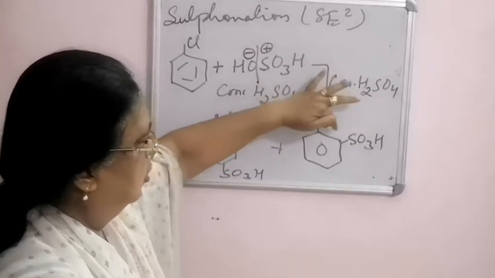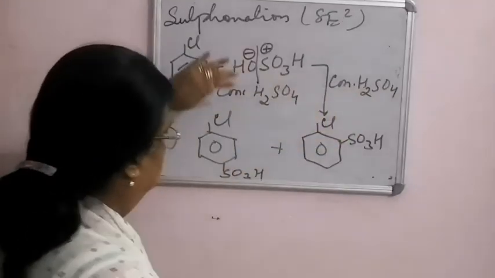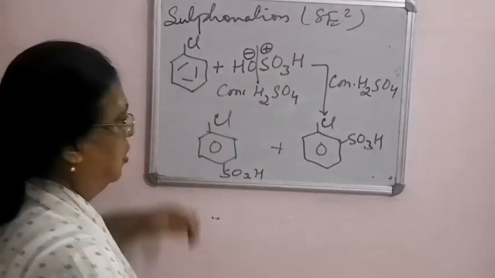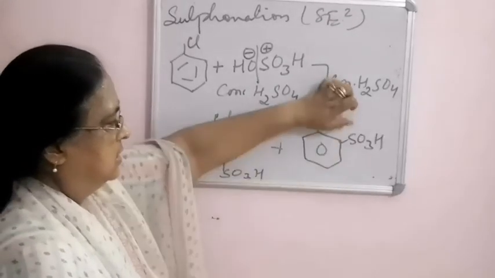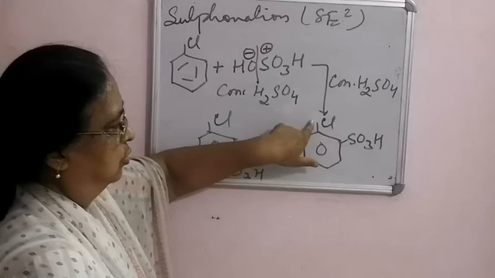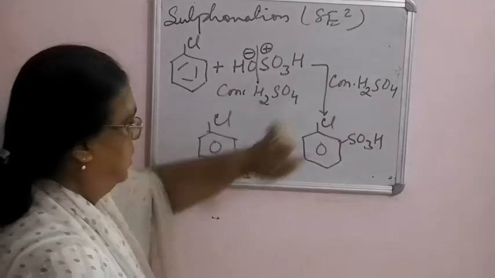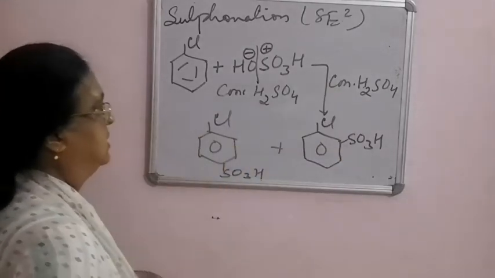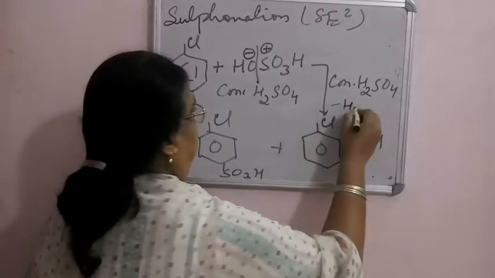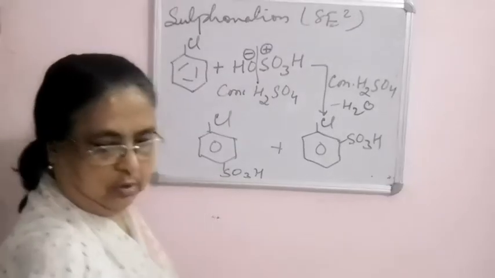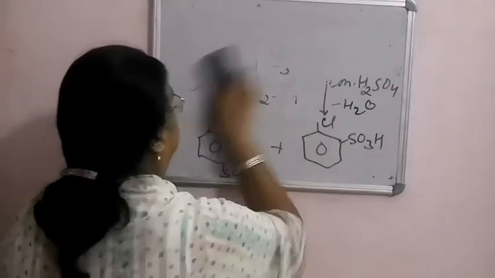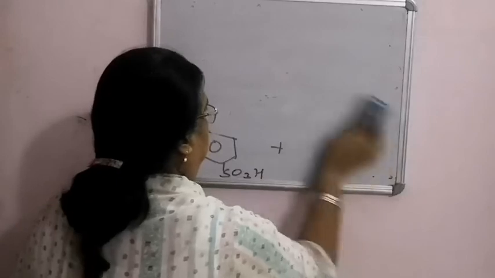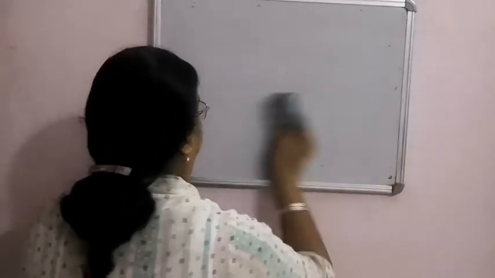So this is orthochlorobenzene sulfonic acid and this is parachlorobenzene sulfonic acid. I repeat, this is ortho position, orthochlorobenzene sulfonic acid, parachlorobenzene sulfonic acid, and water molecule will be out. Mechanism portion, you will see from 11th class mechanism. In details we have done many examples, so you can revise from there.